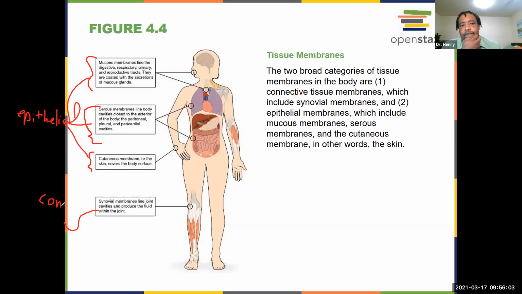And so cartilage, right? You guys heard of cartilage and stuff like that? Yes. So the membrane associated with that cartilage is considered to be the synovial membrane. The cutaneous membrane is just basically our skin.